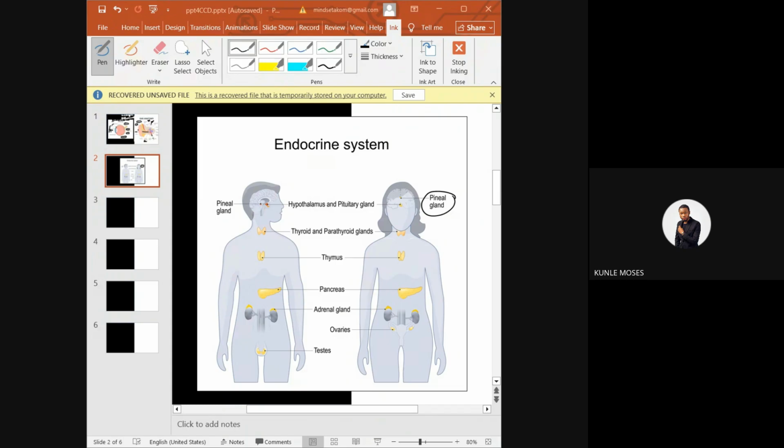So if your testes are not producing testosterone very well, then you will have issues with childbearing. Also for female, the ovaries, like we said during reproduction, help to produce estrogen and progesterone, and they also control your reproductive cycle and pregnancy, and everything is controlled by your pituitary gland.